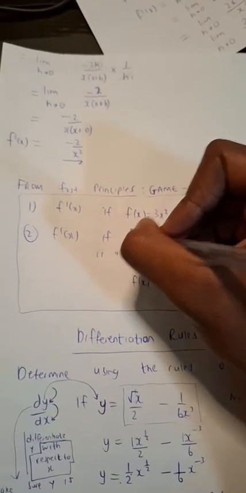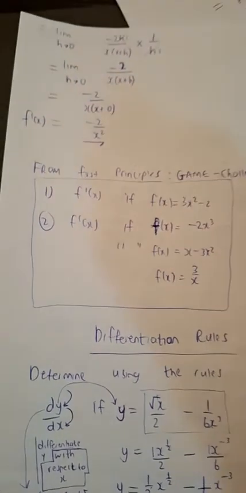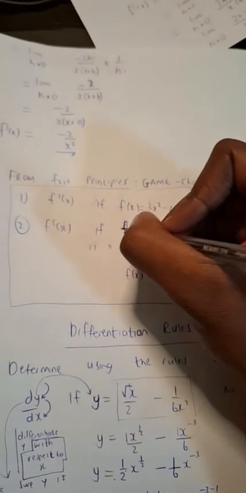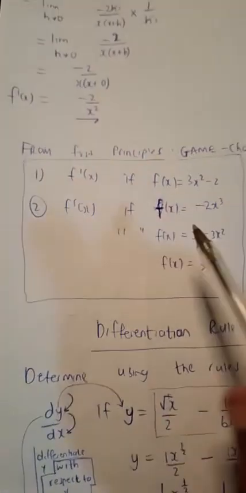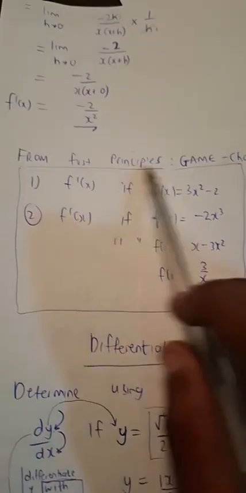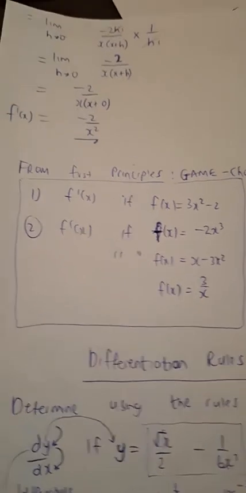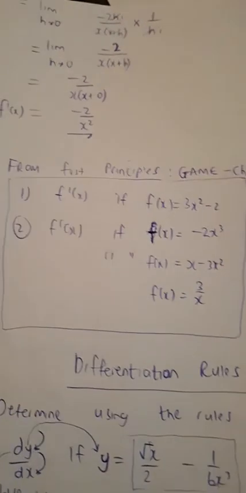It wouldn't make sense to say find f prime of x if f of x, but then I wrote g of x. So this was first principles. I wanted you to use first principles with these ones. Then I'll pick up from there where we left off, and we'll do other stuff as well. But that was just the intro.